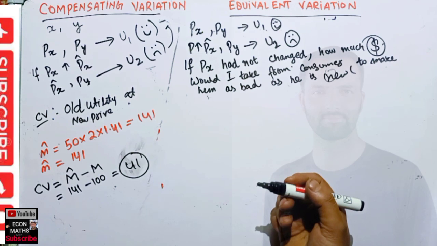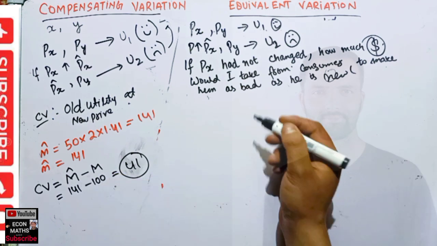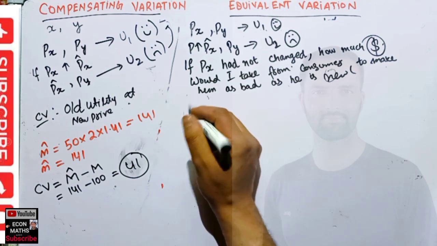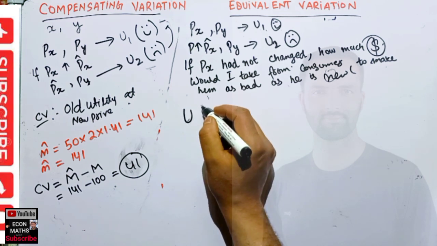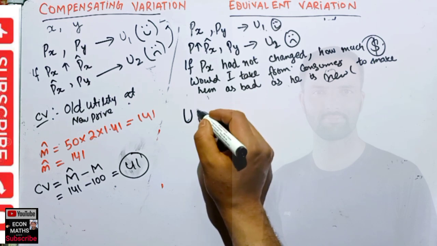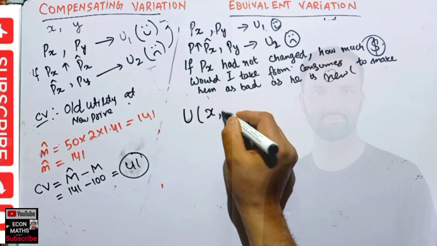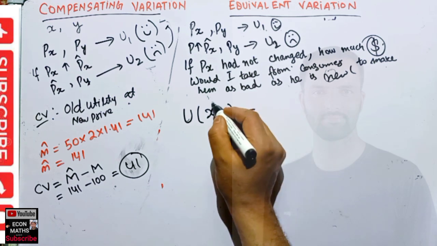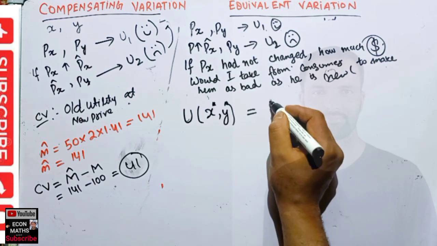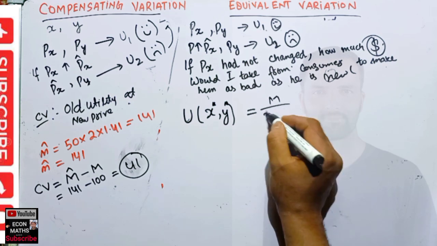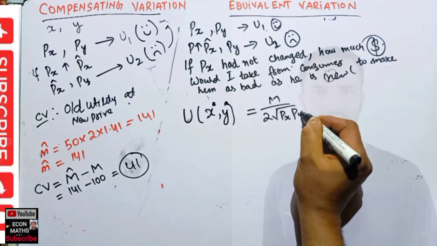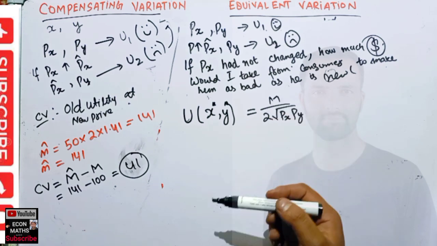Okay, now originally what was our utility function? The utility function was xy, and when we solved for optimal values, we got m upon 2 under root px py. That is the demand function for the consumer.